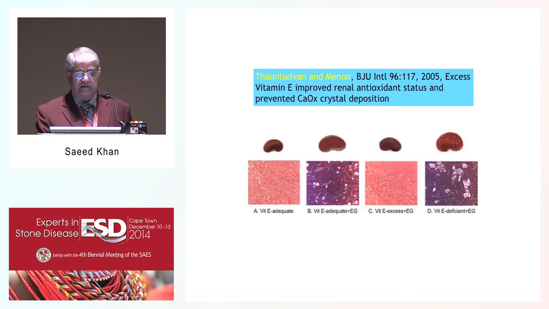We'll move on. This is from Dr. Selvin and Dr. Menon, and here they used vitamin E. It was very interesting that by treating their rats with vitamin E, they were able to completely stop crystal deposition in a hyperoxaluric rat.